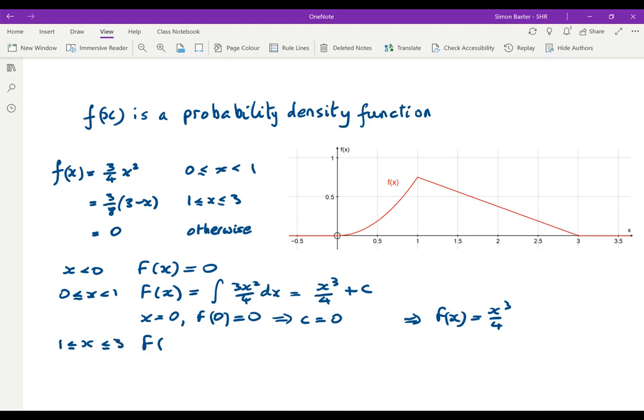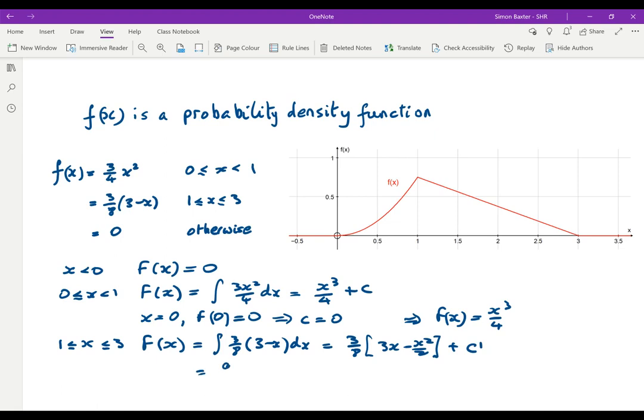F of x is still the integral of little f of x. That now is something different. That is 3 over 8, (3 minus x) dx. And if we integrate that, I'm sure you can cope with this, that is 3 over 8 times (3x minus x squared over 2) plus some arbitrary constant, which I'll call c dashed.